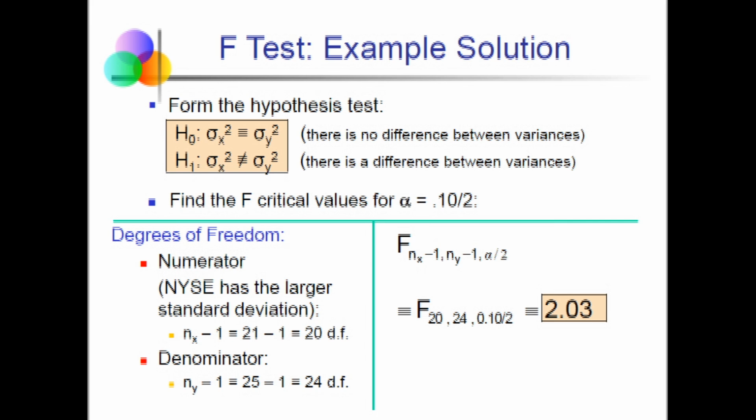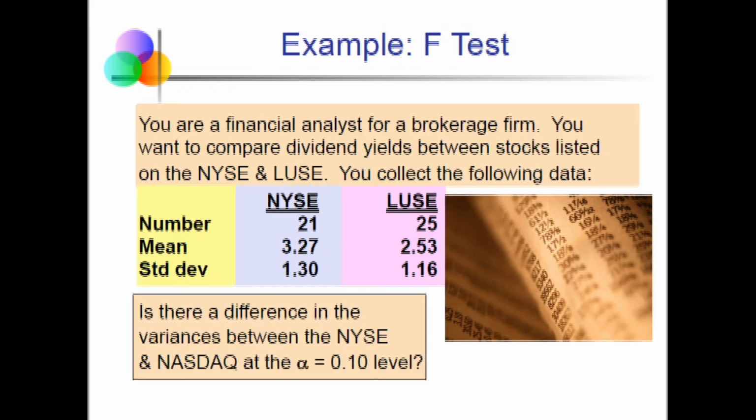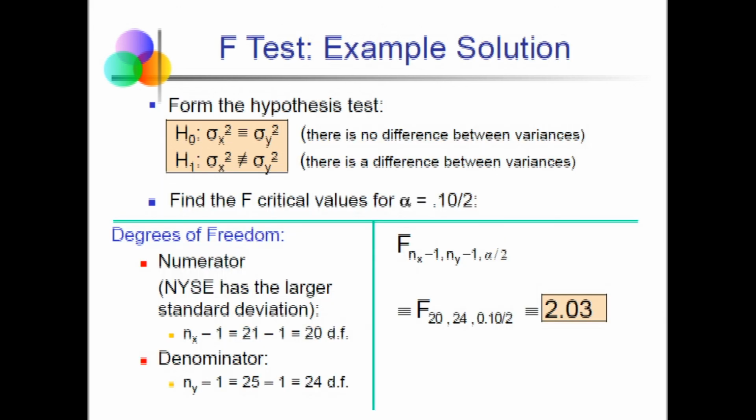Alpha is 0.1. So we divide that 0.1 by 2, and we have 0.05. So we find the value from our table. The numerator degrees of freedom should be 24, and the alpha is 0.05.